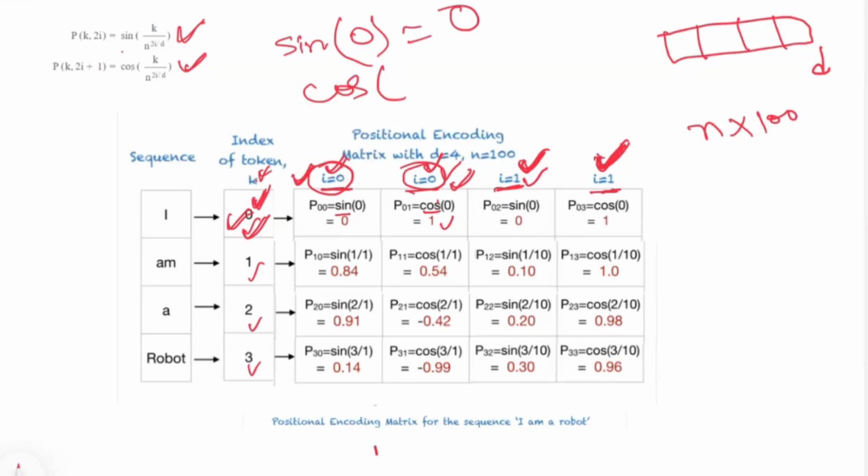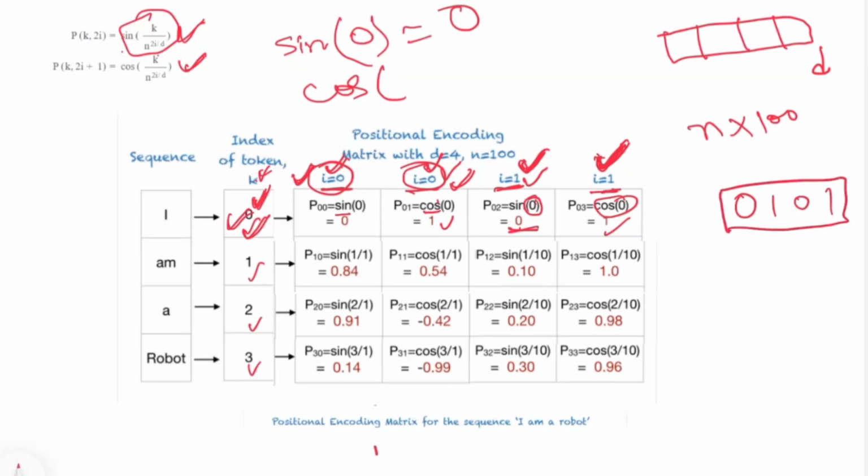Okay. Again, in this case, apply the same formula. Here also k equal to 0. So sine 0 is 0, cosine 0 is 1. So now you got this first vector, that is 0, 1, 0, 1.